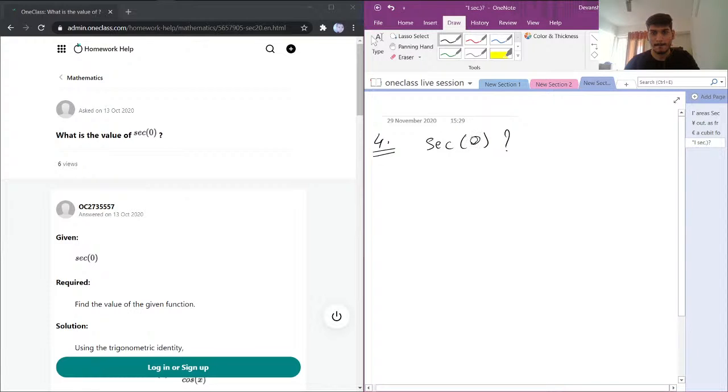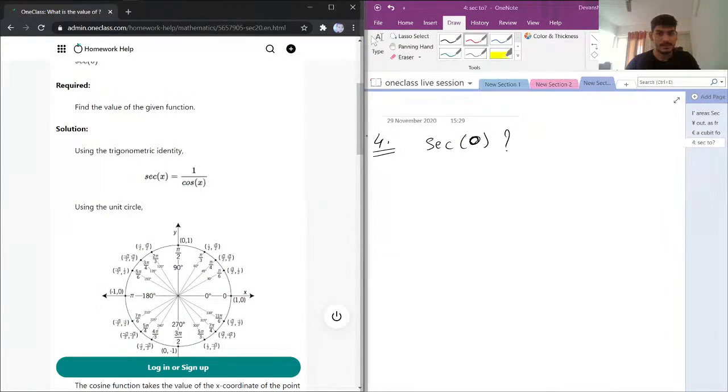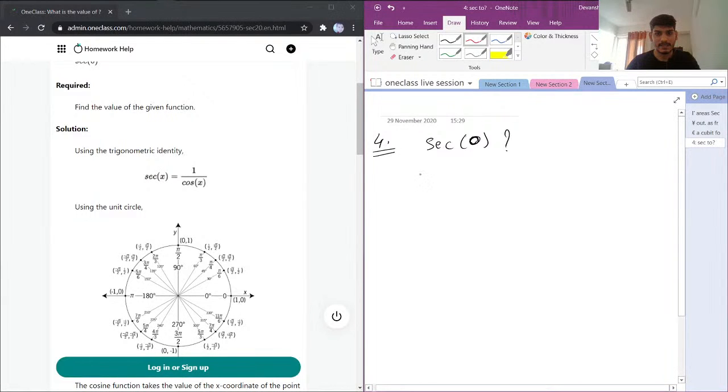Let's see what solution is given. Secant of any angle, let's say theta, is basically the inverse of cosine of that angle, or 1 over cosine of that angle.